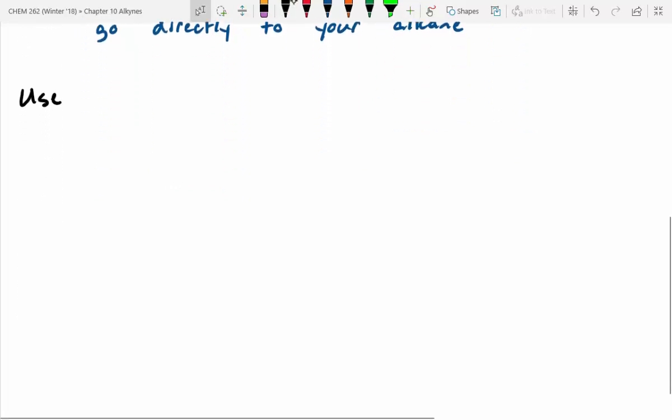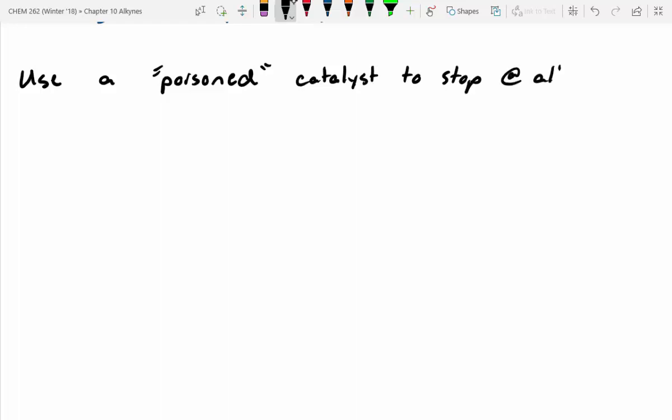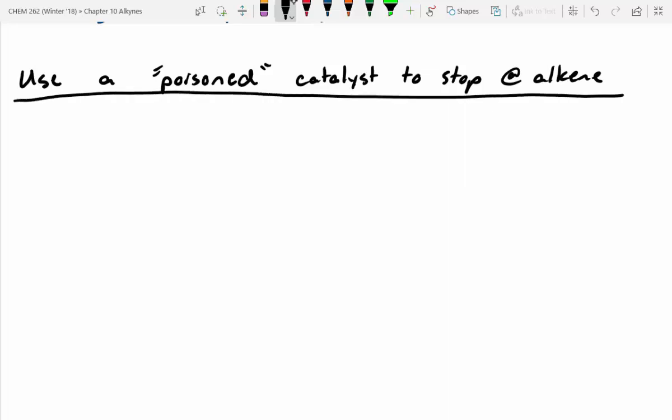Specifically, they developed a new type of catalyst system, and these catalysts are called poisoned catalysts. And I'll show you a handful of the poisoned catalysts here.